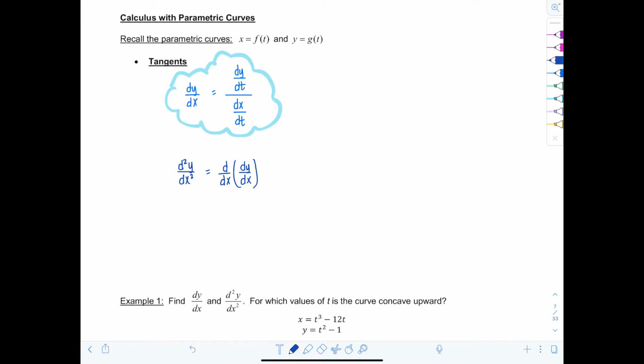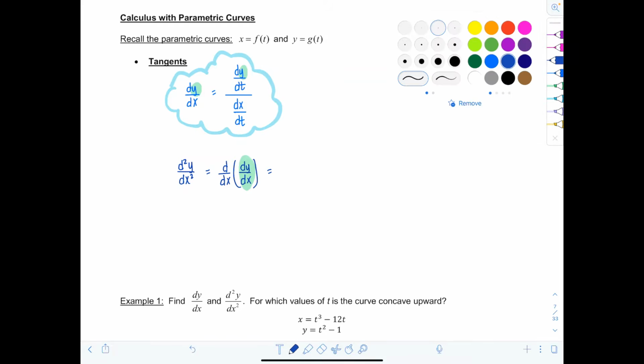Now be careful here, because I want you to look up at our formula for dy/dx. If I differentiate y with respect to x, I have dy/dt in the numerator over dx/dt. Similarly, if I'm going to differentiate dy/dx with respect to x, look what happens.